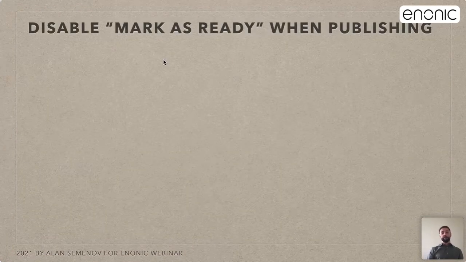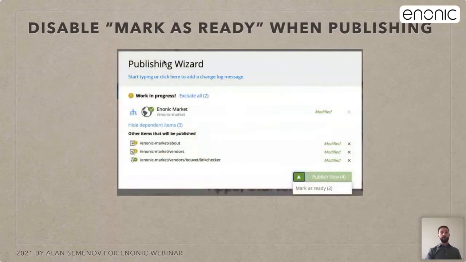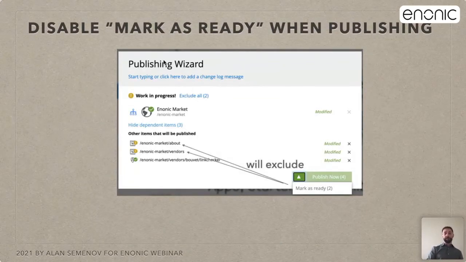In one of the recent versions of Content Studio, we implemented a feature of marking items as ready directly in the publishing wizard. It turned out that not everyone was super happy with this, so we implemented config to turn this off.